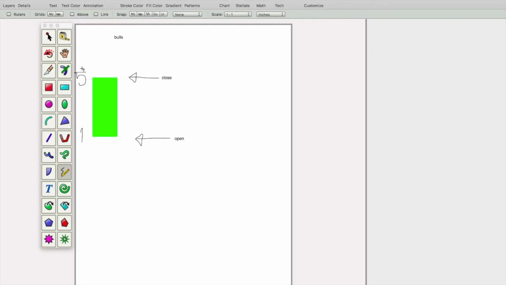This is the close. So this candle closed on the high of $5. It opened at $1, price moved its way up to $5, and it closed. Now it would go on to the next candle, but let me finish up here first.